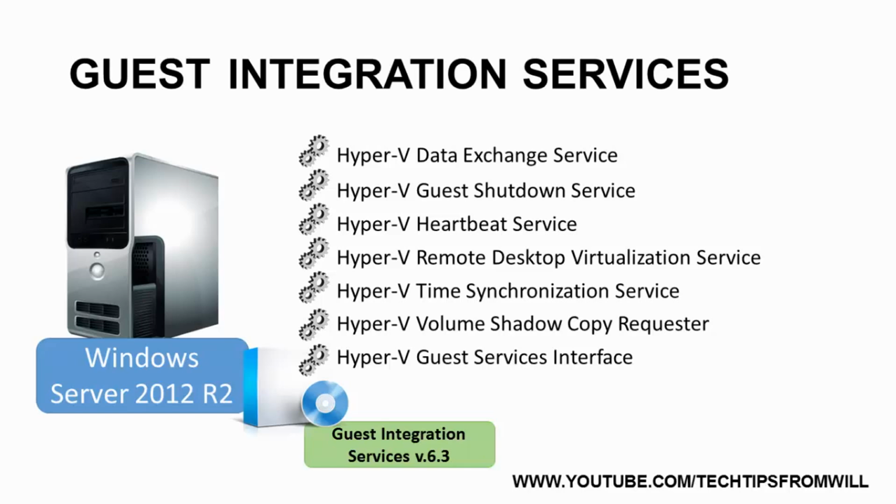Apart from the addition of this service, version 6.2 and version 6.3 of Guest Integration Services are practically identical. Don't worry if you are unsure what these services do right now. For this lesson, all we are concerned with is how to install the services. In the next lesson, I will discuss, in detail, what each of these services do and will demonstrate how they work.